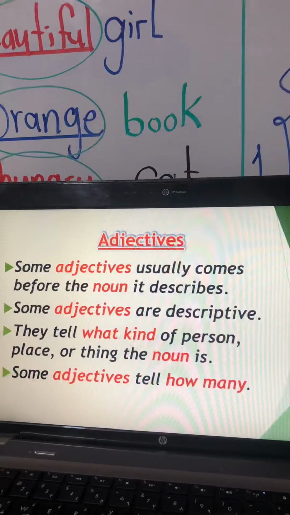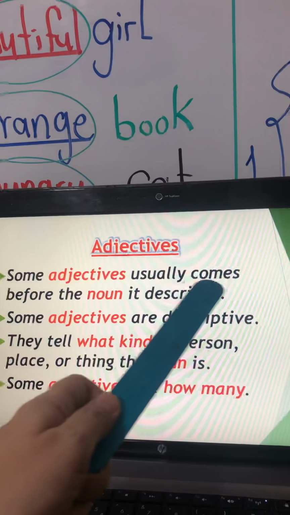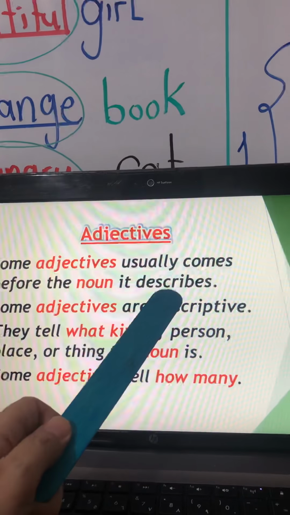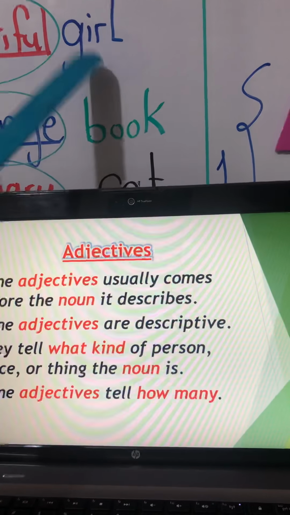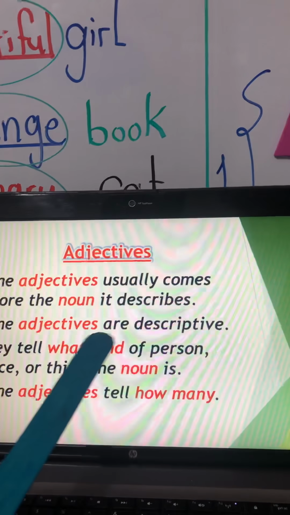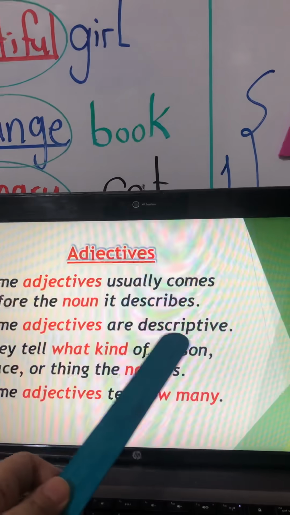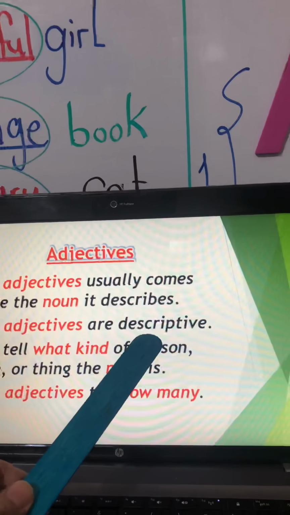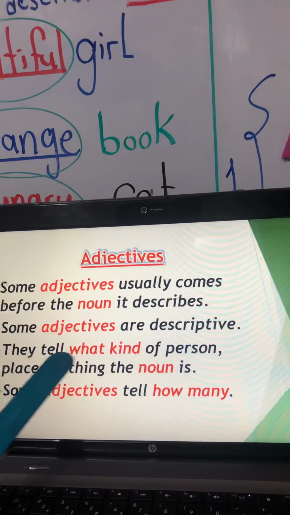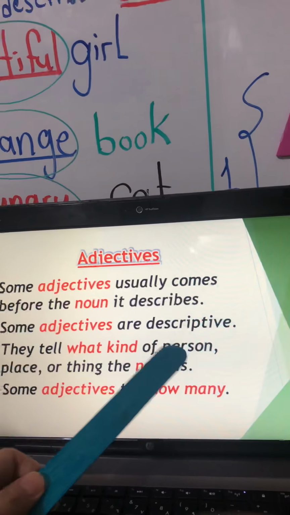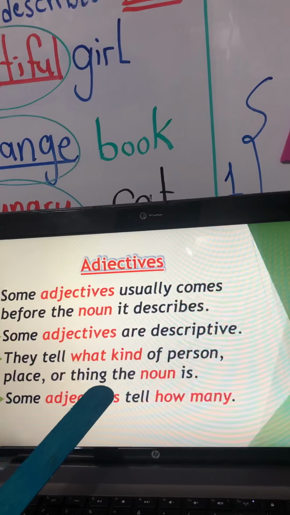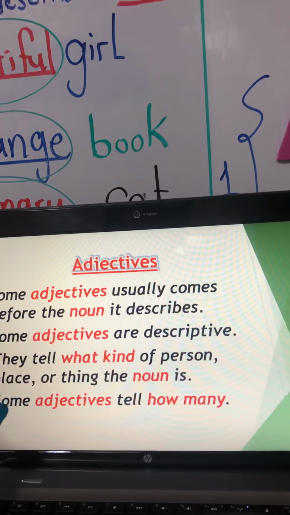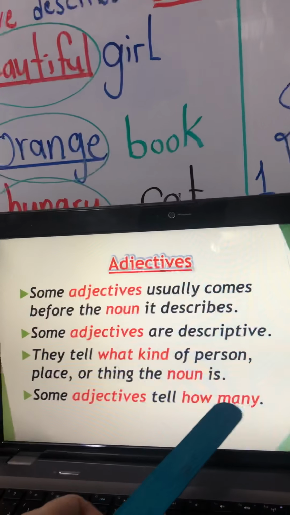Some adjectives usually come before the noun they describe. For example, beautiful girl. Some adjectives are descriptive. Descriptive means gives more information about the noun. They tell what kind of person, place, or thing the noun is. Some adjectives tell how many.